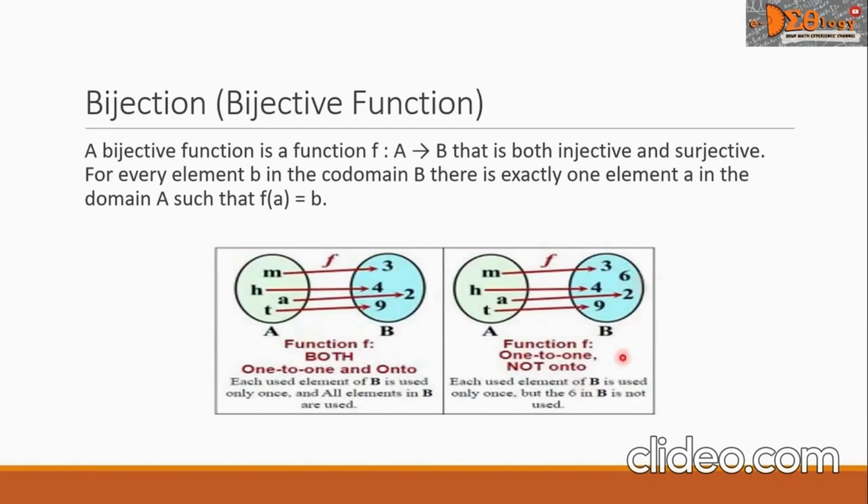Since this is 1-to-1 but not onto, this function is not bijection because, as per the rule, a bijective function must be both injective and surjective, or we say it must be both 1-to-1 and onto.